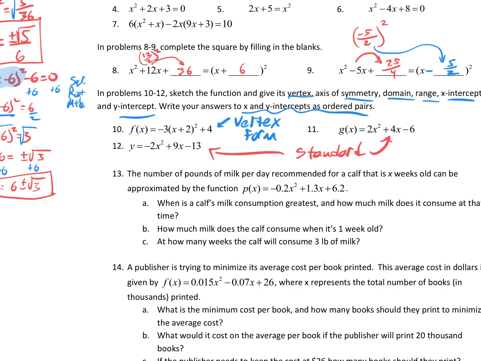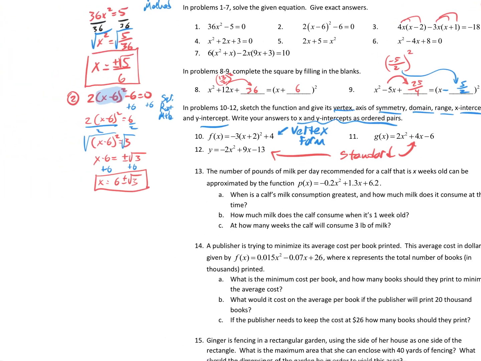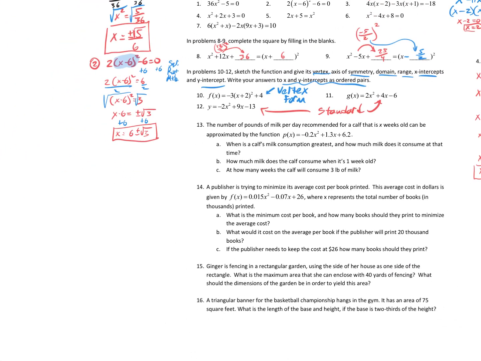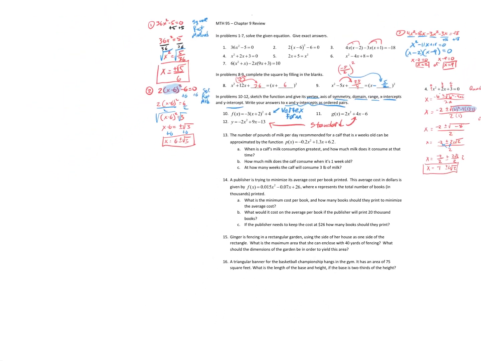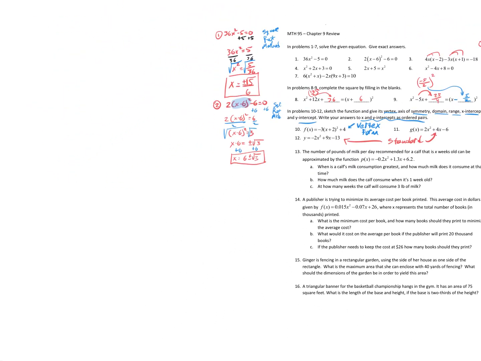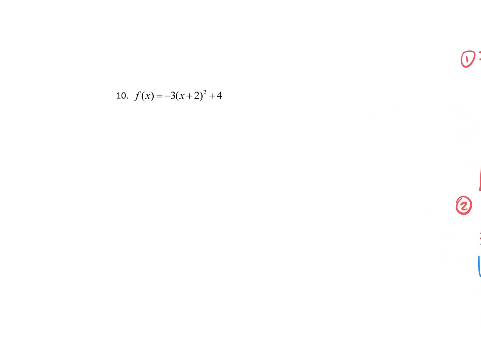So you need to be ready to use both. Let's go ahead and start with vertex form. All right, so let's bring these on over here. So copy this. There's number 10.